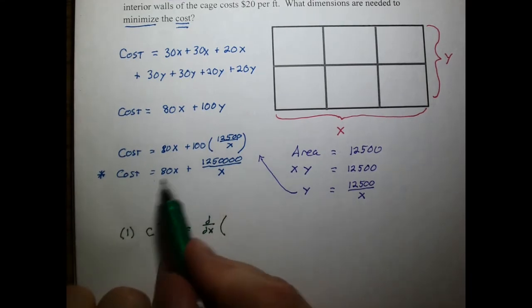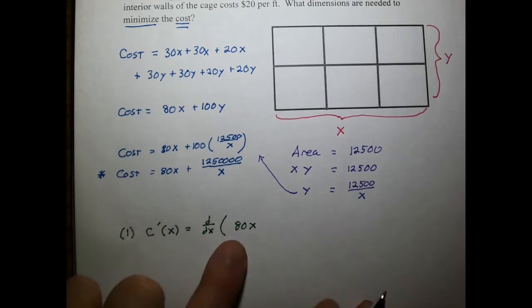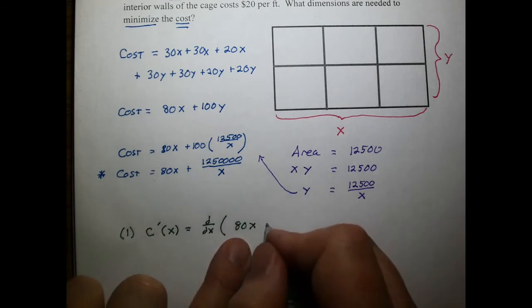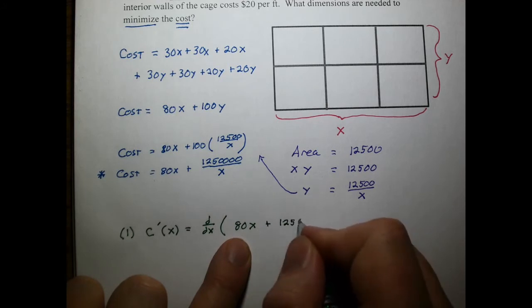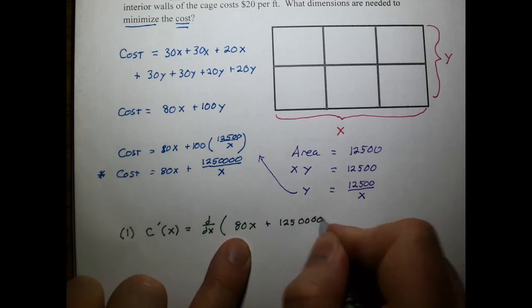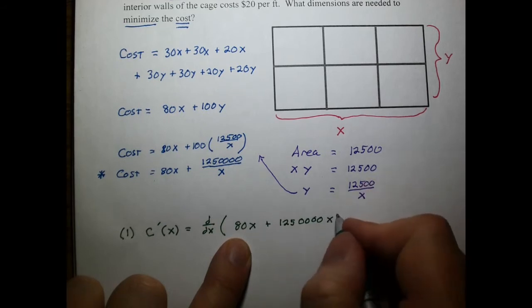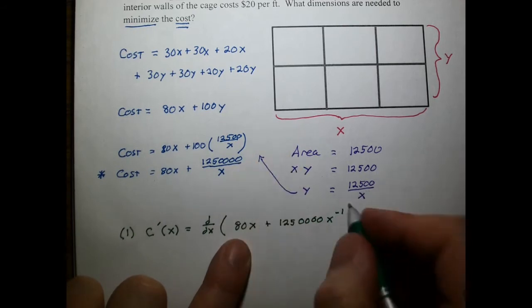So the derivative of cost is going to be the derivative of 80x. And looking at this, this will be a quotient rule unless I rewrite it. So I'm just going to go ahead and rewrite it before I take the derivative as this 1,250,000 x to the negative 1. So I'm going to bring the x up into the numerator.